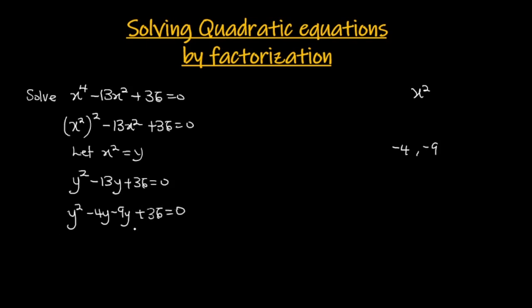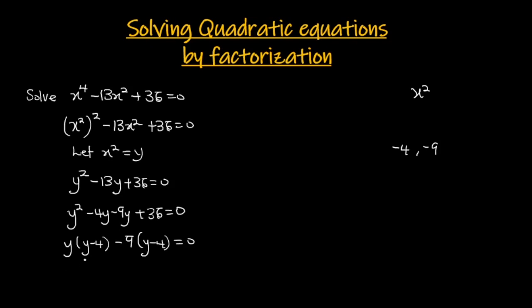So from here, I can go ahead and factor out y. So I factor out y, I have y into bracket, y minus 4. So y multiplied by y will give me y squared. y multiplied by 4 will give me negative 4y. Alright, so over here I have minus, between 9 and 36, 9 is common, so I factor out 9, then into bracket, y minus 4 is equal to 0.